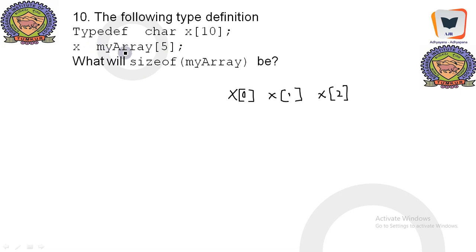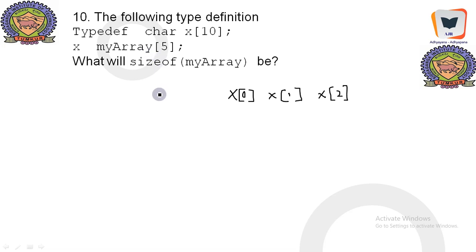Okay, so typedef will provide an alias, an alternative name for the fundamental kind of variables, fundamental type of data. Therefore x is nothing but a character array. There are 10 character arrays, and each and every character array will contain 5 sub arrays.